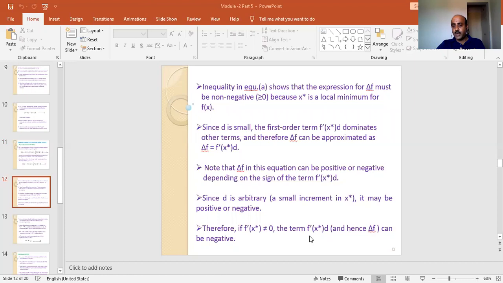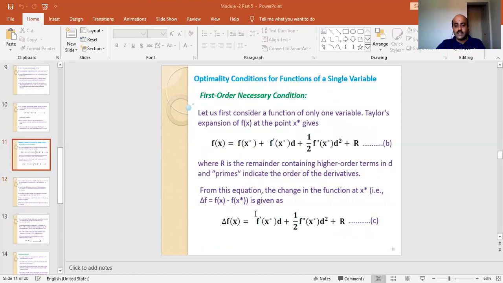If d is negative and this term is not equal to 0, then delta f can take a negative value.